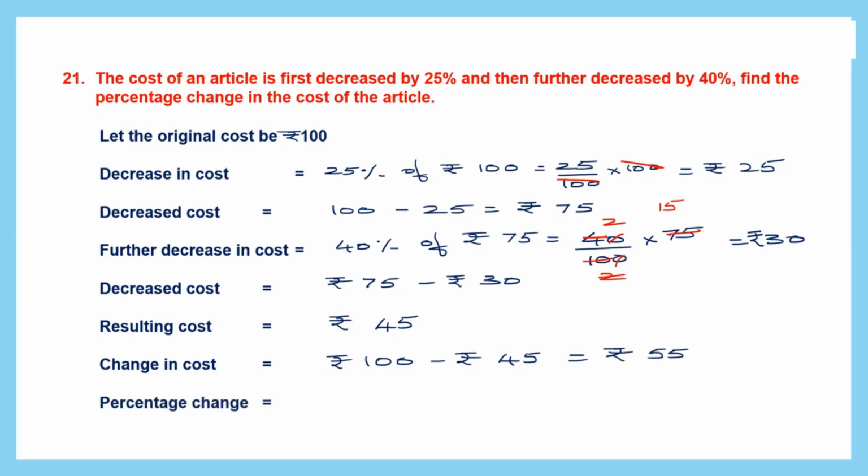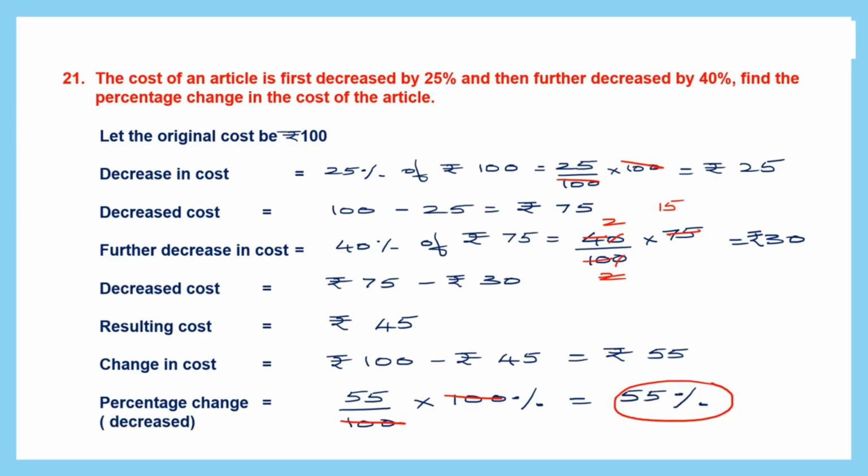To find the percentage change, we say 55 by the original amount, which is 100, into 100%, because we're converting it to percent. So here this and this will get cancelled, and what we have now is 55%, which is the final percentage change. So this is our answer.